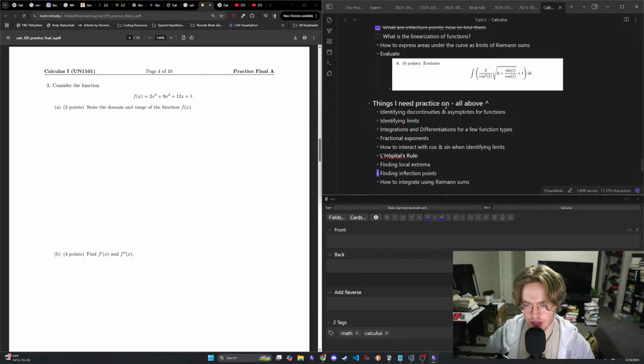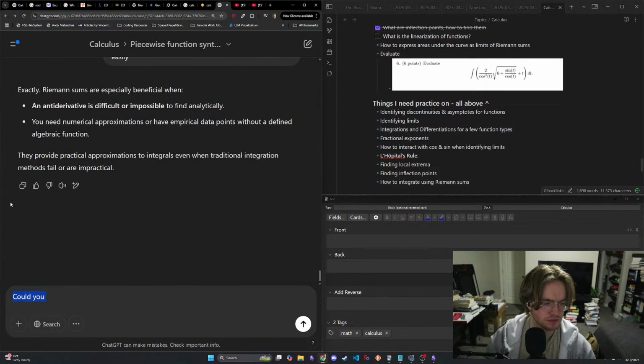And I assume local extrema are the same as inflection points, because an inflection point would represent the highest or lowest point that it arrives at.